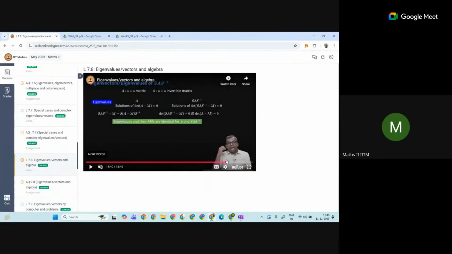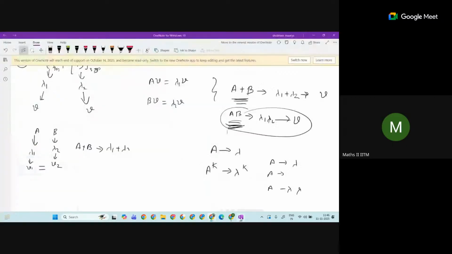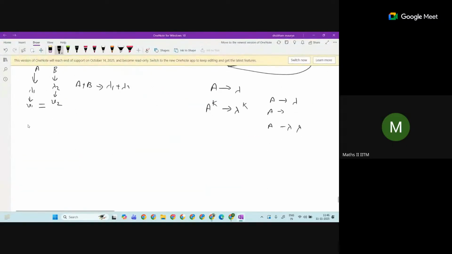One another is, if you have matrix A and you have an invertible matrix S, and you take S A S inverse, in that case the eigenvalues are going to be the same, also lambda.